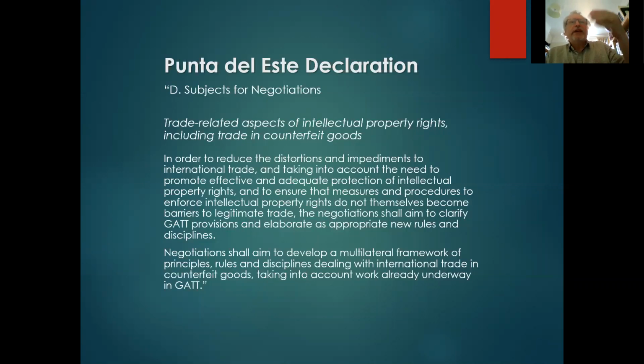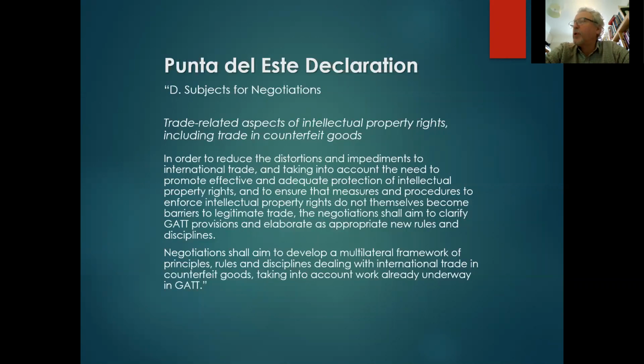So, okay, taking into account the need to promote effective and adequate protection of intellectual property rights. What is effective and adequate? Is that an objective assessment, or is that rather subjective? I mean, adequate, how much is enough? Intellectual property is a very hard question to actually answer.